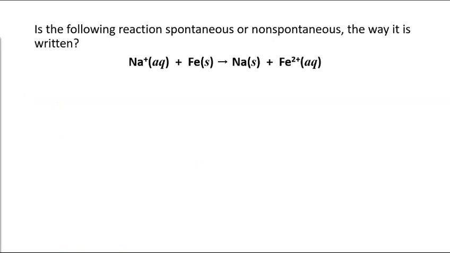So, let's take a look at how we are supposed to tell if these things are spontaneous or not. The way that this equation is written, sodium plus iron gives you sodium solid plus iron 2+. I don't give you too much information, mainly because if I were to give you a problem like this on the test or on the homework, we would either give you a table with all these standard potentials, or I would tell you the standard potential somewhere in here.